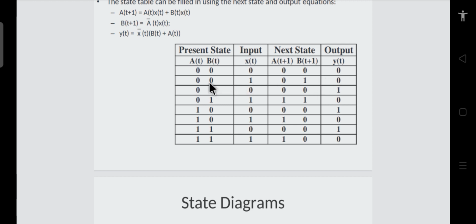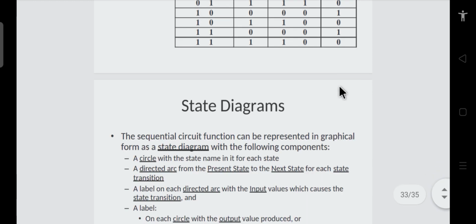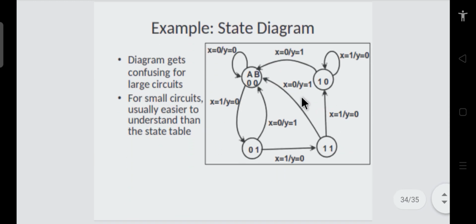Whereas for the second row, if your present state is 0, 0 and if your input is 1, then your next state will be 0, 1 and your output will be 0. So AB is your present state, and if your input is x equal to 1, then your output will be y equal to 0, and the circuit is transiting from one state to another state. Earlier it was in the 0, 0 state, and by application of this input, the circuit transits to another state. This is how you represent it.